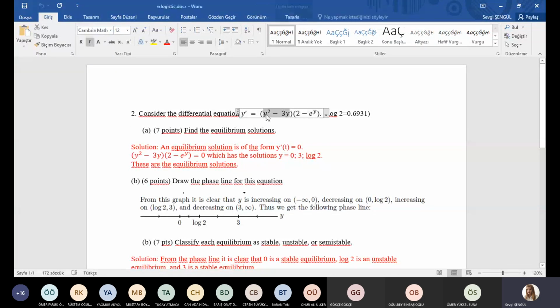You can factor this one with y. You have y equals 0, y equals 3. And for that one, if you take the logarithm ln of each side, you have y equals ln 2. You have 3 equilibrium solutions. You can see that, right? Does everyone understand this part?